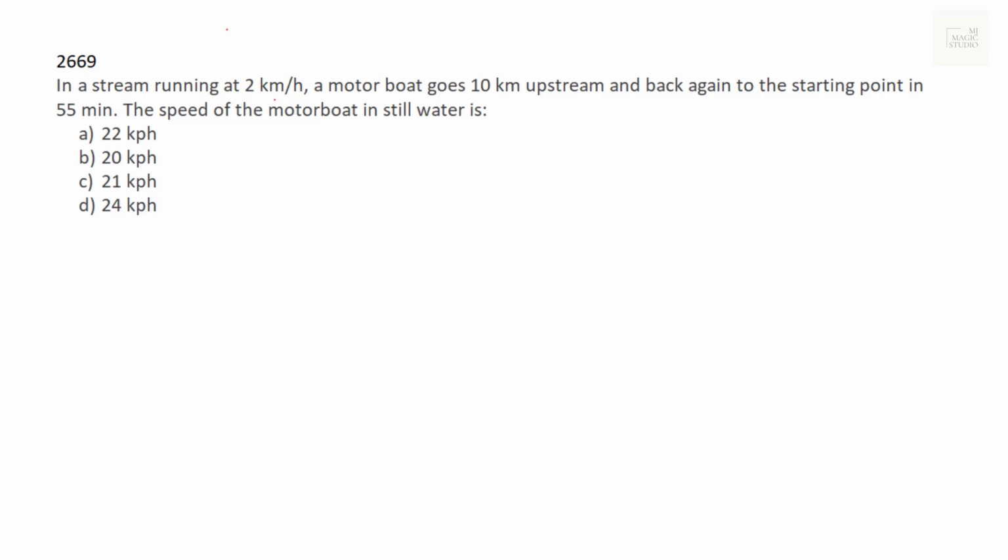In a stream running at 2 km per hour, a motorboat goes 10 km upstream and back. So here d is 10 km to the starting point in 55 minutes.